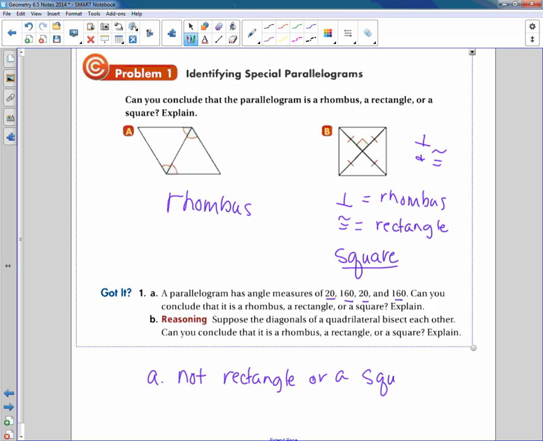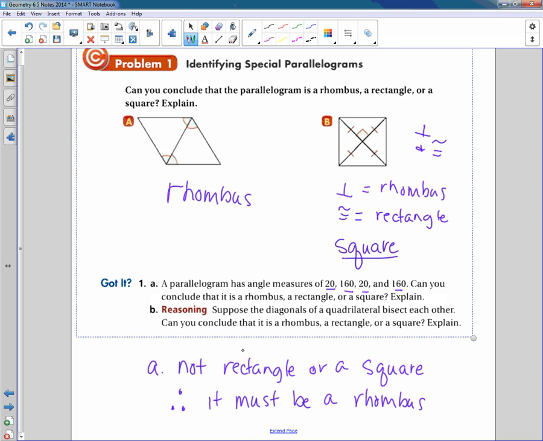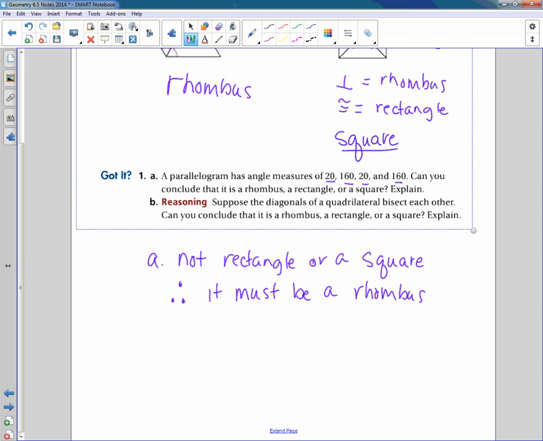Therefore, it has to be what? Okay, remember the little three dots for therefore? It must be a rhombus. Okay?